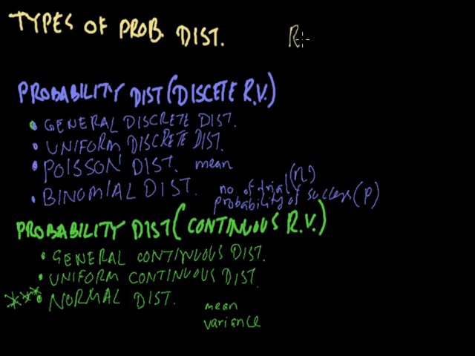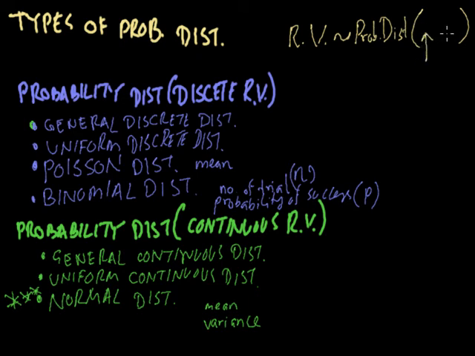Then we give this wiggly shape, which refers to this random variable belonging to the probability distribution. Then we give the name for the probability distribution, right? Then we give a bracket and put in any external values.